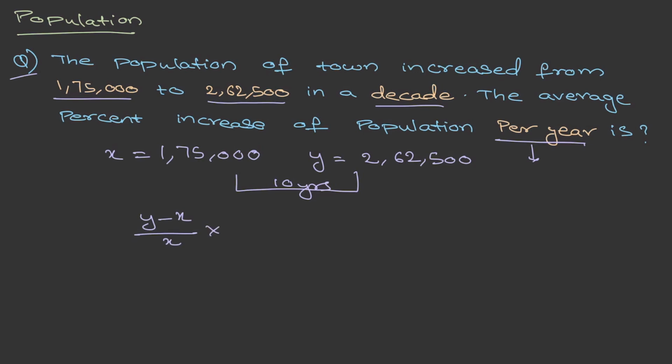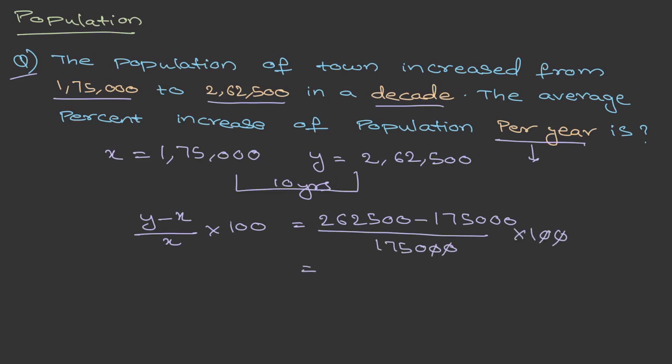So let's find the normal percentage change, which is given by (Y minus X) by the initial value, that is X, into 100. This is (2,62,500 minus 1,75,000) by 1,75,000 into 100. This is 87,500 by 1750. So we have got that 50% is increased.